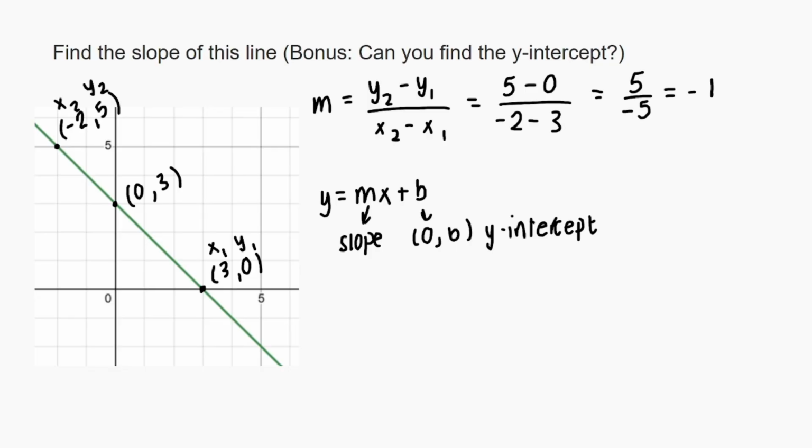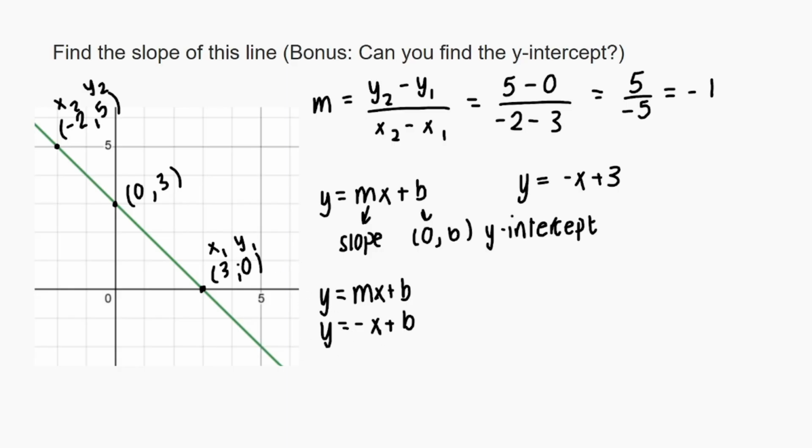In this case, we see the graph, so we know that the equation ends up being y equals negative x plus 3. However, let's try to find the y-intercept through math and the fact that we have points and a slope that we know. So y equals mx plus b. We already know that m is -1, so our line is negative x plus b. We know that y equals negative x plus b is representing this line right here. So we know that these points must make this equation work.